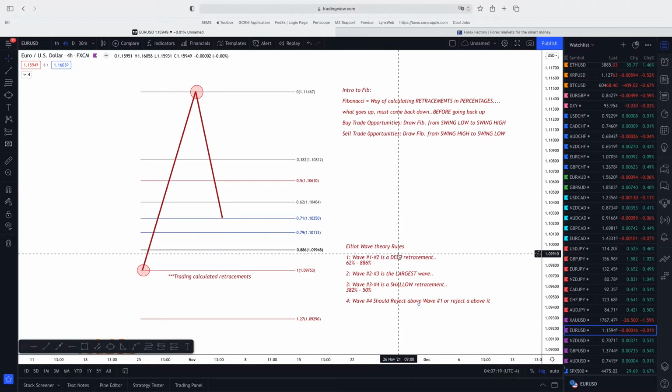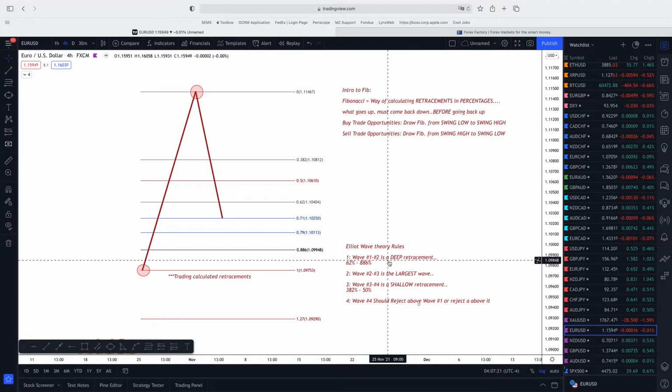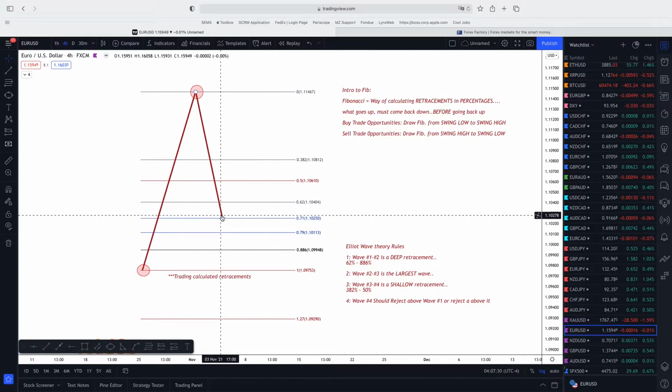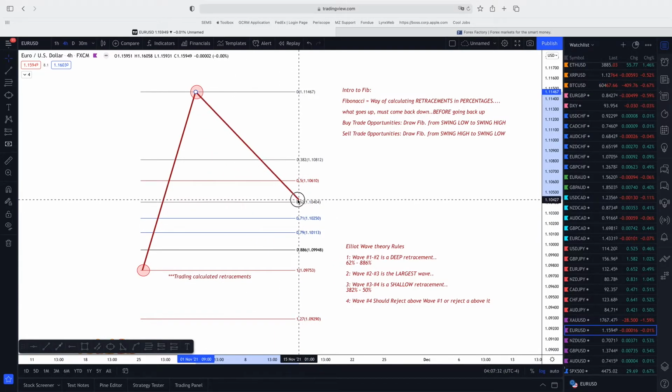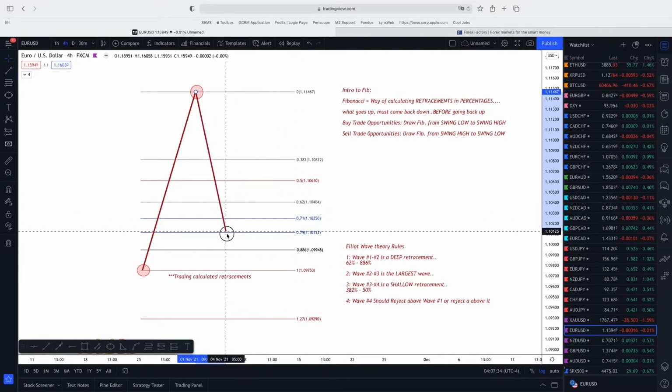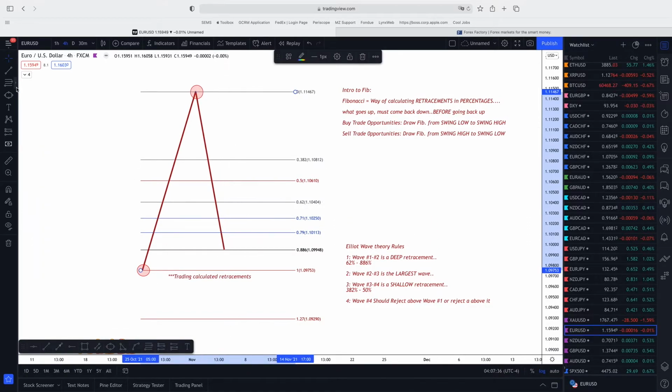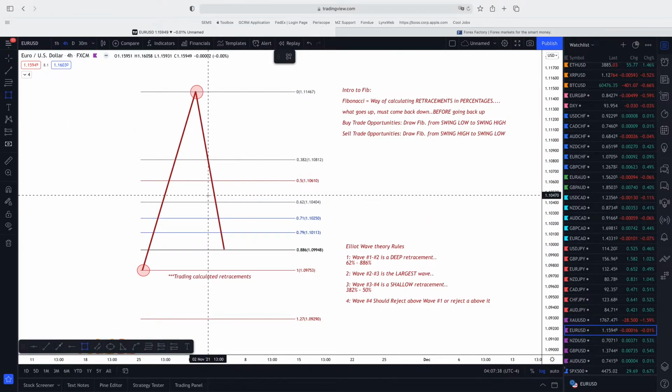Elliott wave theory rules. Number 1, the first rule is waves 1 to 2 is a deep retracement and will most likely retrace 62 to 886. So what does that look like? Guys, that looks exactly like this.